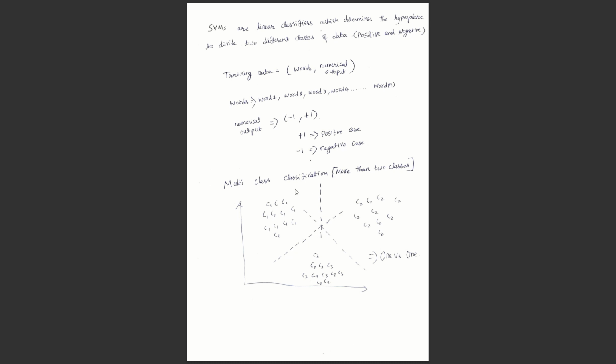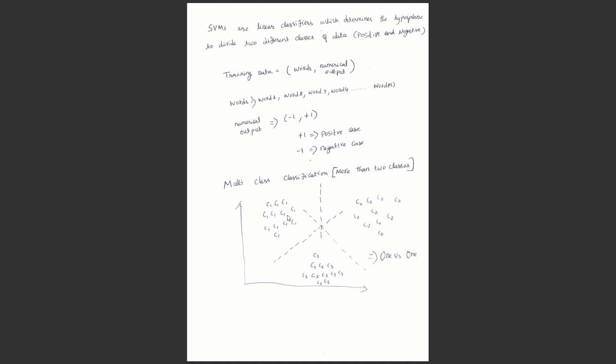Here, and then here, and then here. So one versus one. For example, this plane separates the car review C1 from the other car reviews. Similarly, you can see the other planes. So we are taking one car review type against the other.